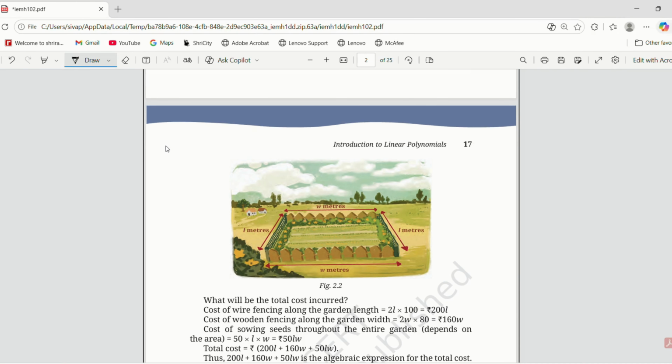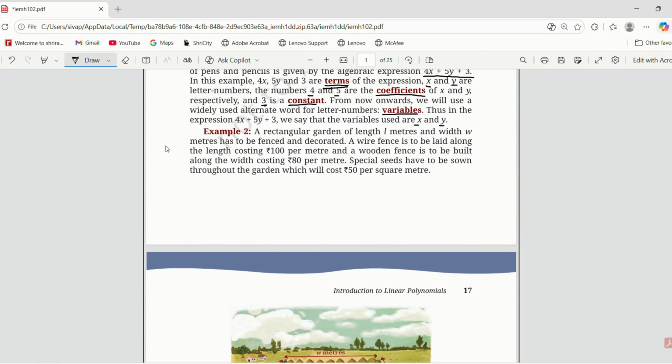So basically they have given a rectangular garden of length L meters and width W meters, which has to be fenced and decorated. First, a wire fence is to be laid along the length, costing rupees 100 per meter.